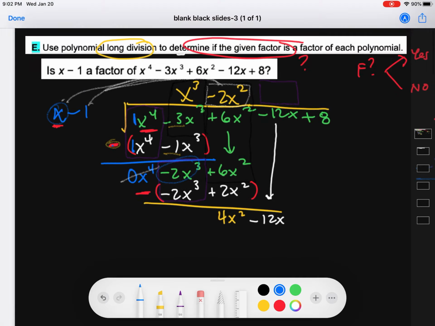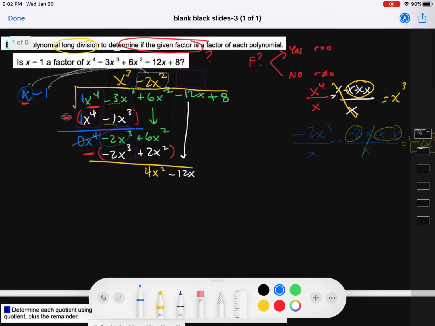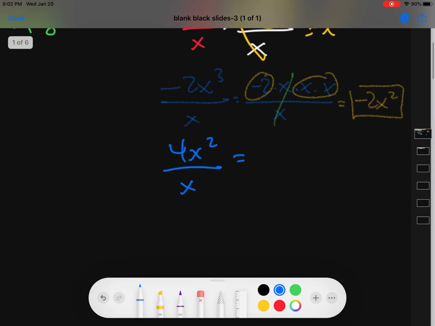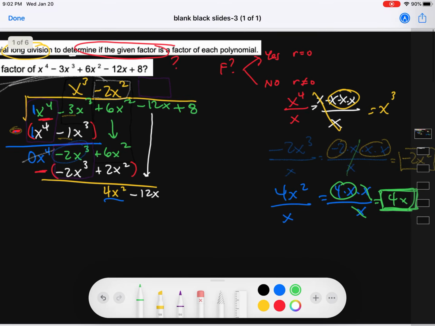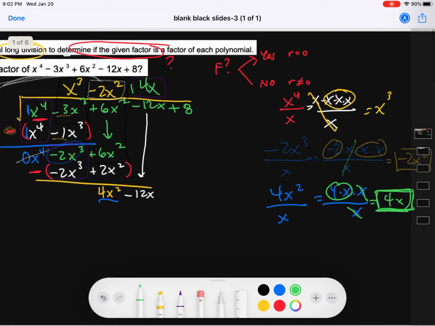All right, to get that purple box, I'm going to do the side problem. 4x squared divided by the x up here. So 4 times x, and x divided by x is 1, so we're just left with a 4x. And that's what I'm putting on top. So when you ask how did I get a 4x into this purple box, well, it's positive.